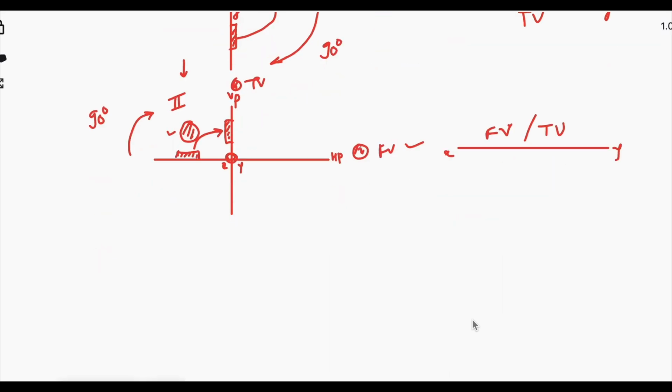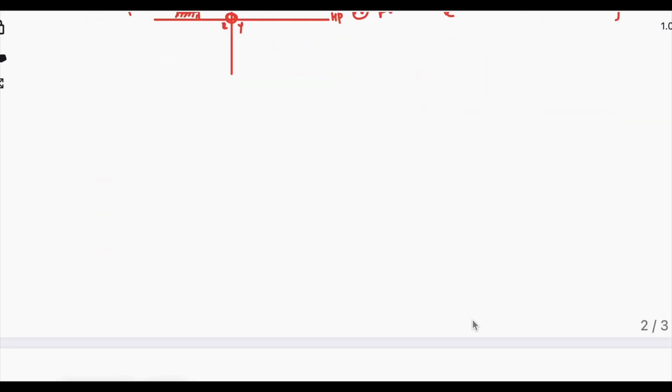Now let's talk about the third quadrant. When the object is placed in the third quadrant, that is somewhere here, there is an observer for the front view and an observer for the top view. The front view will be drawn on the vertical plane that appears between the object and observer, and it is below the XY line.